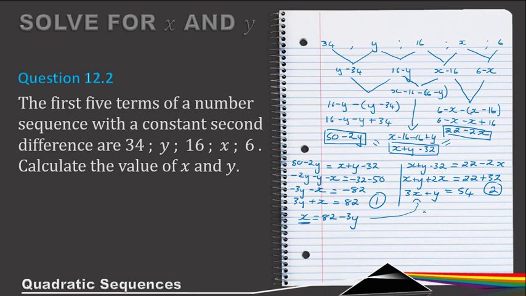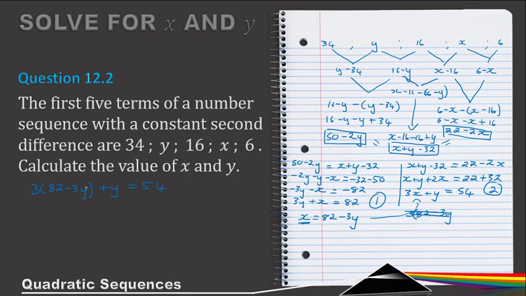So this is then going to be 3 times x's value, 82 minus 3y. Actually, scratch that, I'm going to do it over here. So 3 times (82 minus 3y) plus y equals 54.